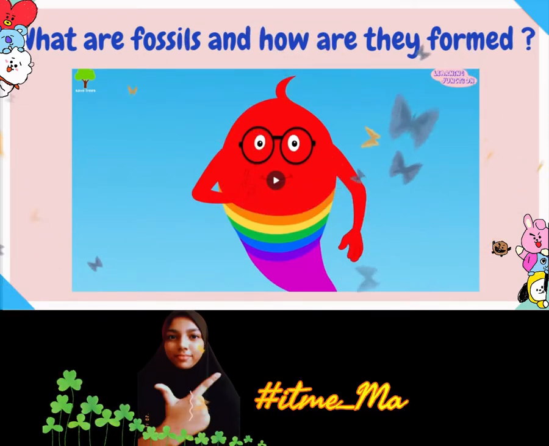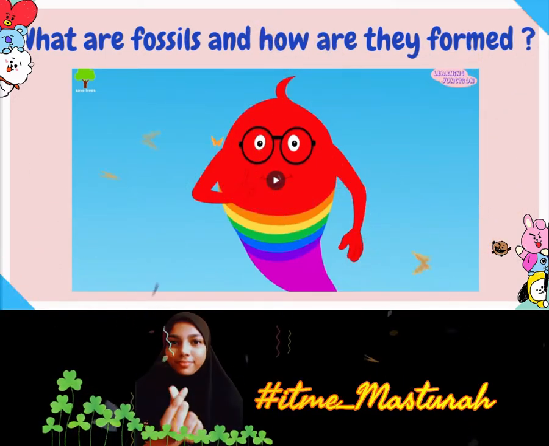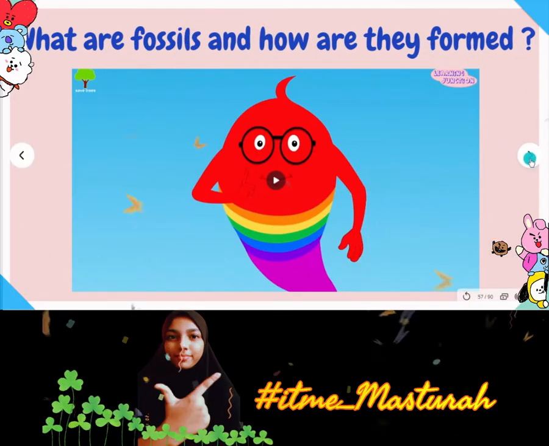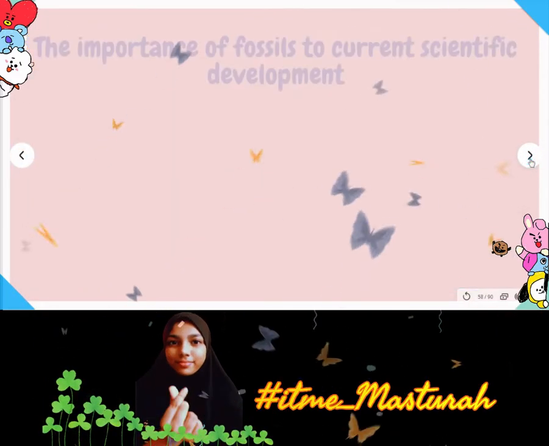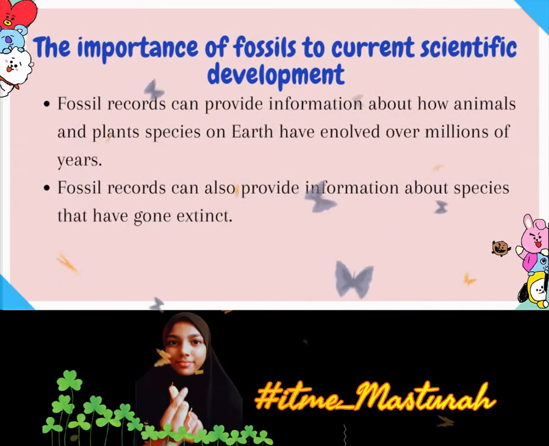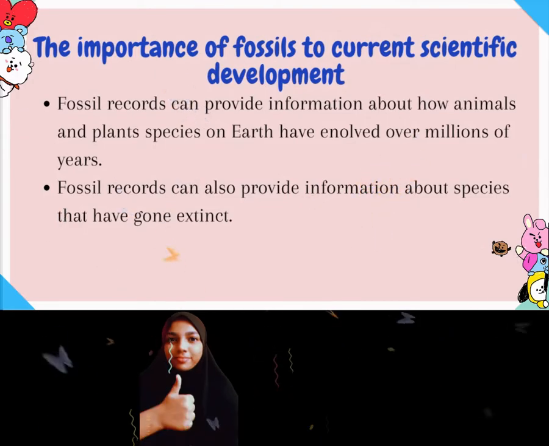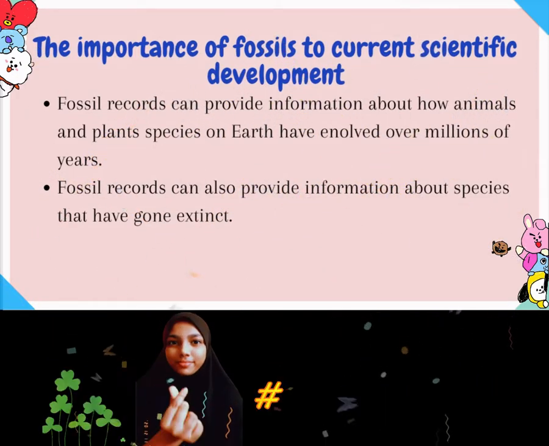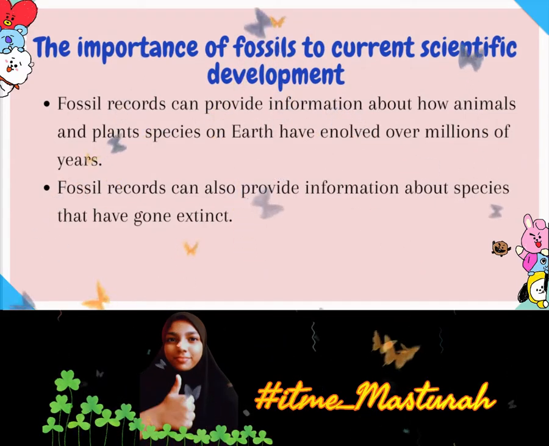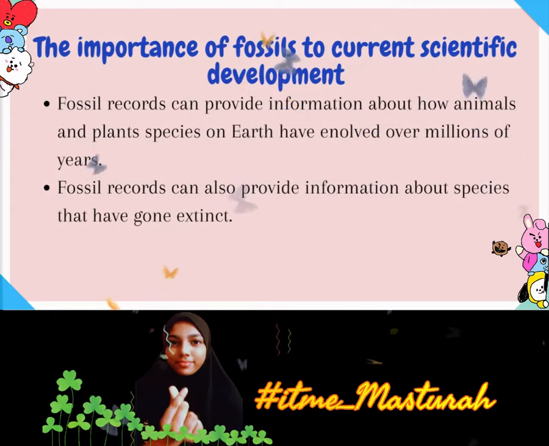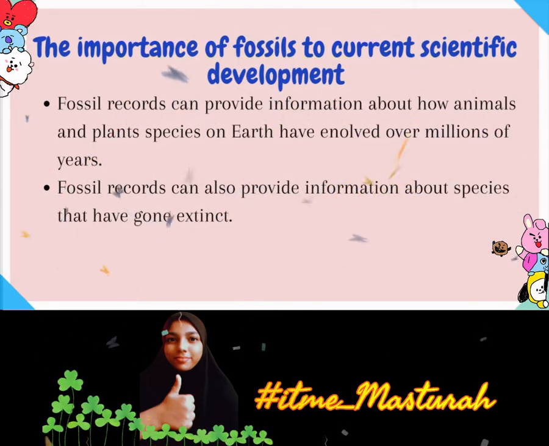So that's all from the video. So here we know how fossils are formed. As you see in the video, they have stated the importance of fossils to current scientific development. Fossils are important because the record can provide information about how animal and plant species on Earth have evolved over millions of years.